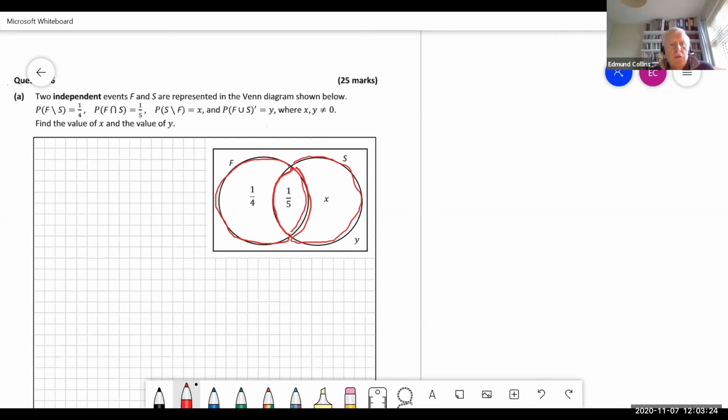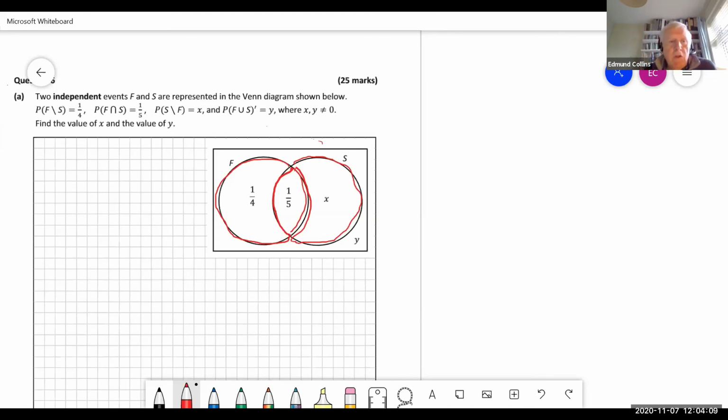So you can see it's very important that you're happy with the designations, the terminology here. So they're saying the probability of F or S, sorry, the complement of that. So it's anything outside of F or S, anything outside of this part of the Venn diagram equals Y. So they're saying here that X and Y don't equal 0, and we're to find the value of X and the value of Y.